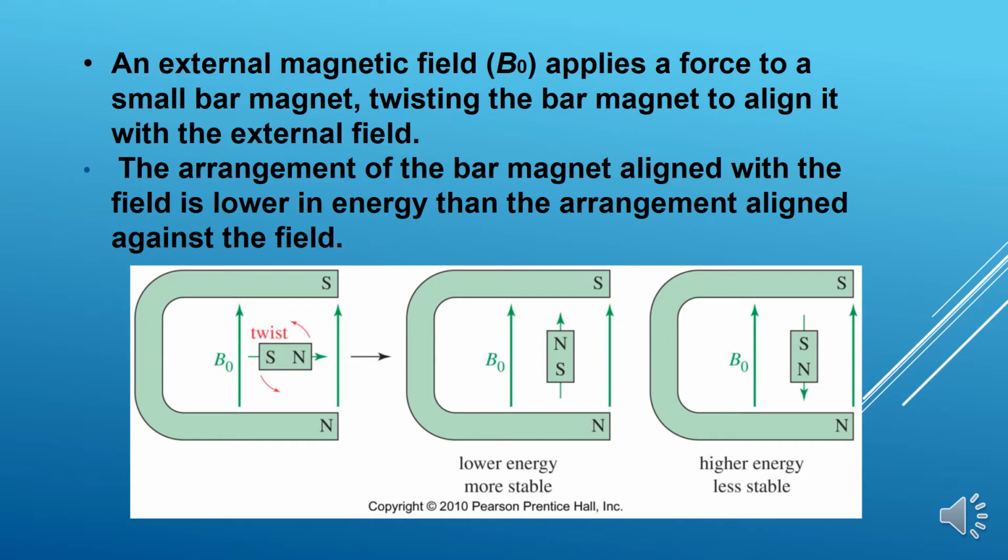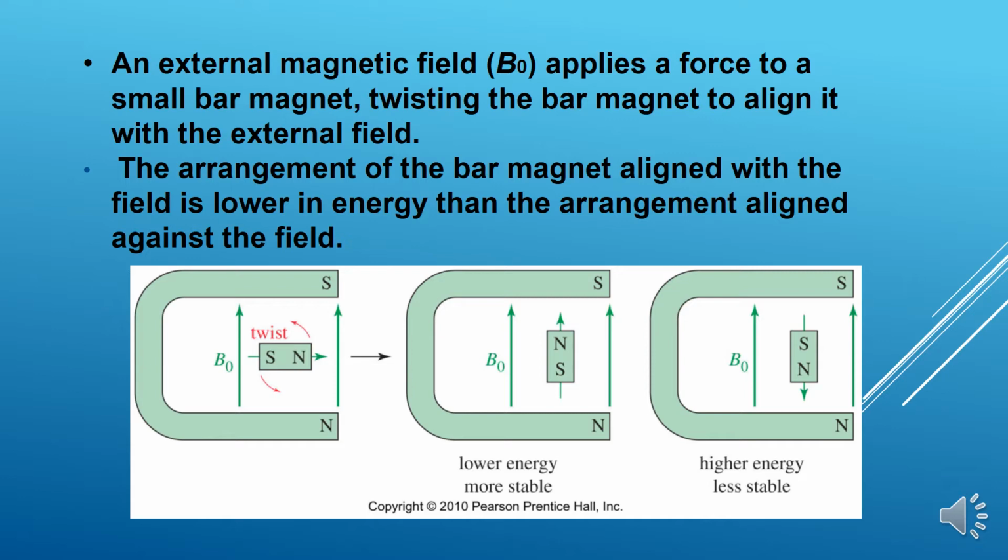Then there is the arrangement aligned against the field. Aligned with the field means north positions to south of the applied field, south to north. So usually this type of arrangement has lower energy.